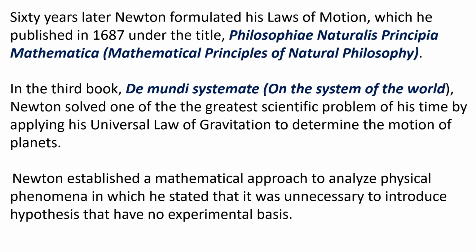And in the third book, which is called De Mundi Systemate, or on the system of the world, Newton solved one of the greatest scientific problems of his time by applying the universal law of gravitation to determine the motion of planets. This was really a big challenge in those days to know about the planetary motion and the revolution of the earth and the related topics that came along with it, in terms of formation of different seasons, and so on.